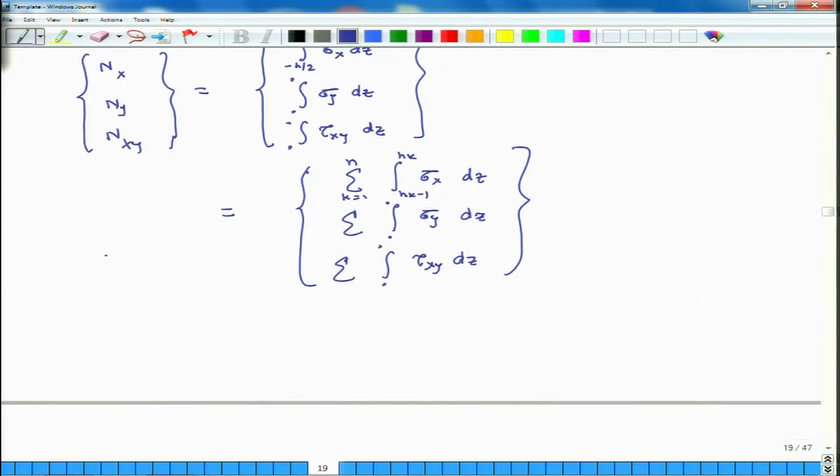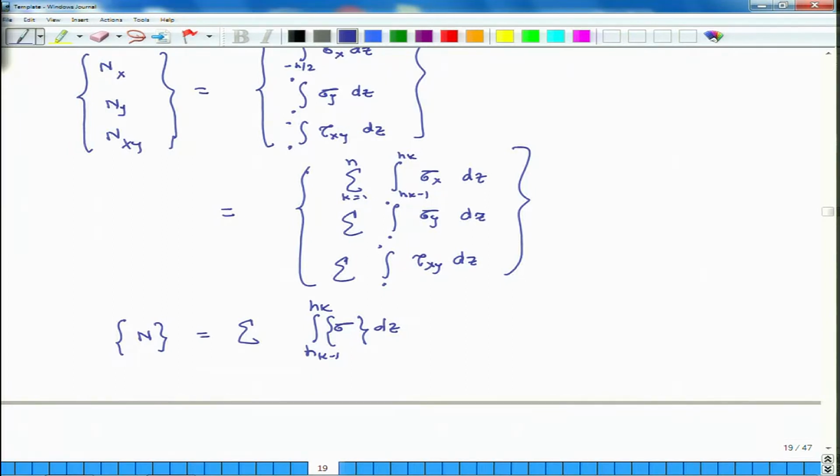On the left side I can just write the N vector rather than writing Nx, Ny and Nxy, and on the right side I am bringing the summation sign outside, and inside I have the integral from h k minus 1 to h k of the sigma vector dz.